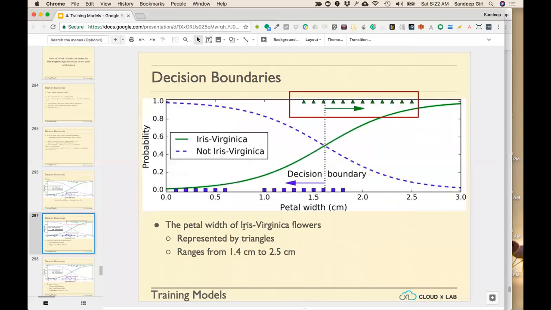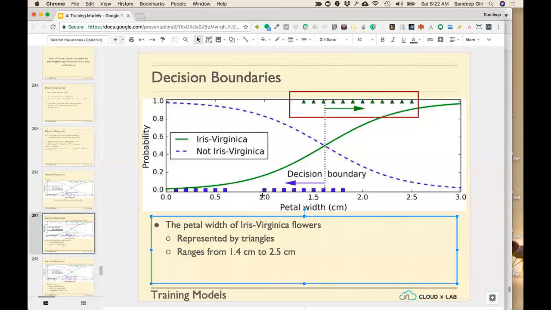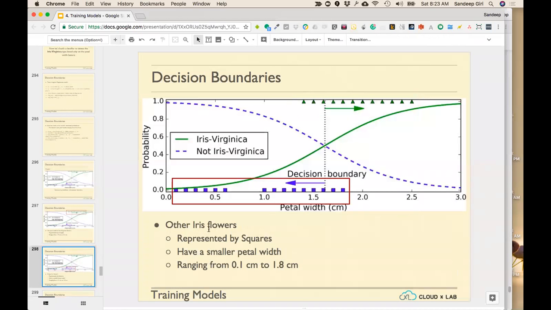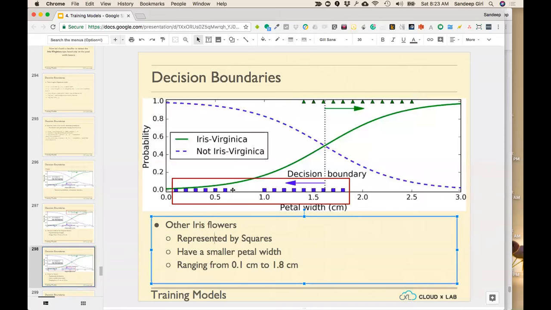The petal width of Iris virginica flowers is represented by triangles, and the non-virginica ones are represented by squares. It ranges from 1.4 to 2.5, correct? The other flowers from the iris group are represented by squares, and they generally have a smaller petal width, ranging from here to here.